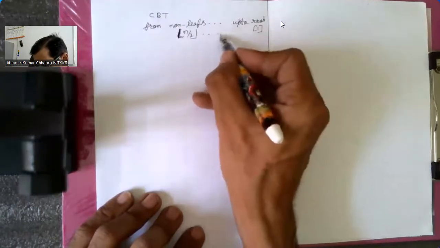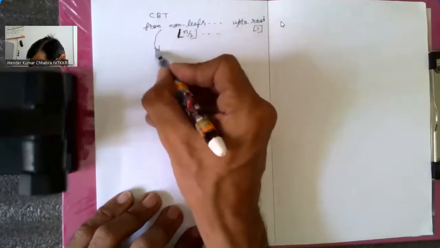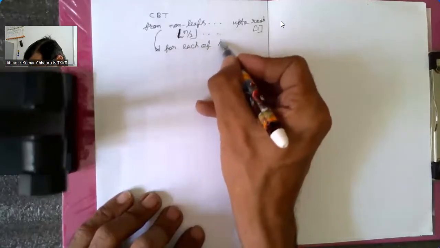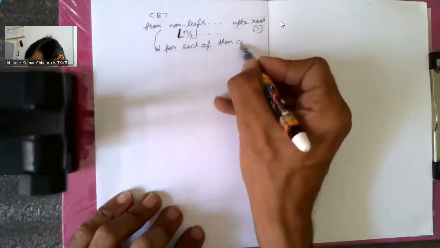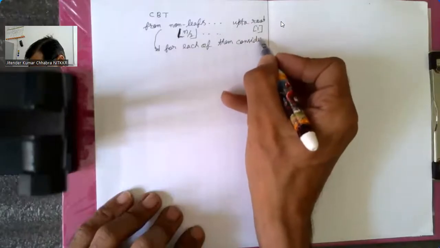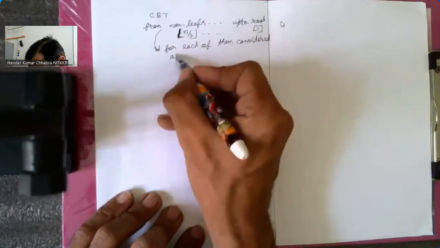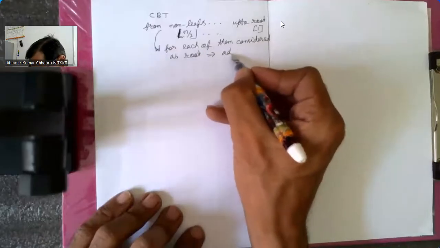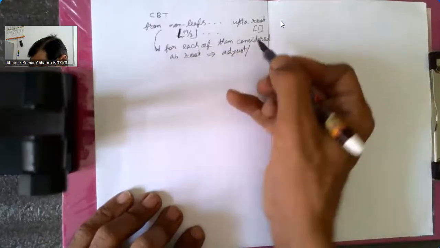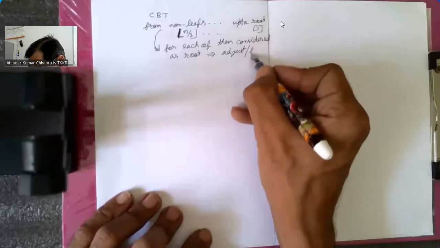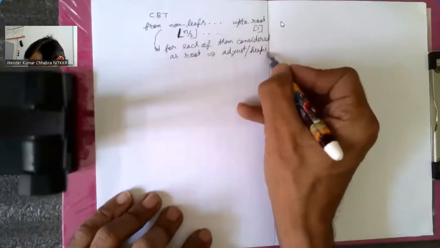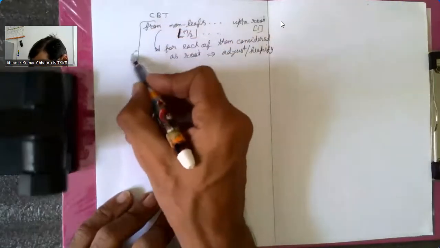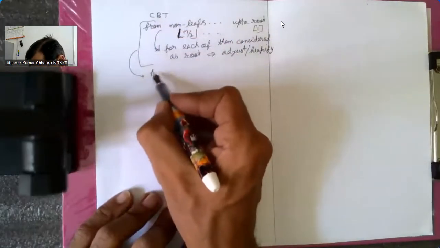For each of them, considered as a root, you will do the adjust operation, or heapify. Once done, the full max heap is ready.